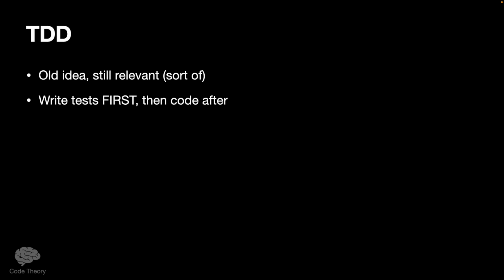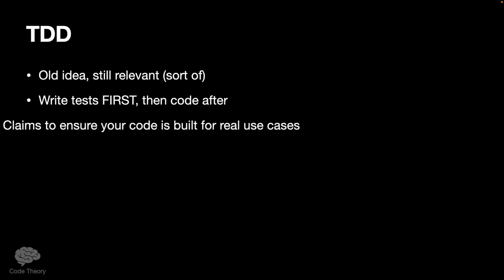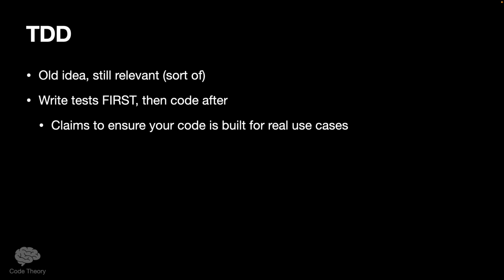But the idea is that you write the test first because it ensures that your code is built for real use cases. As developers, we can have a tendency to look at something and say, oh, this is a really cool function that I'm writing. It does this really cool thing. But what if I wanted to configure it in a different way? What if I wanted to use it in some other way? You might want to genericize it and make it cover more general cases.